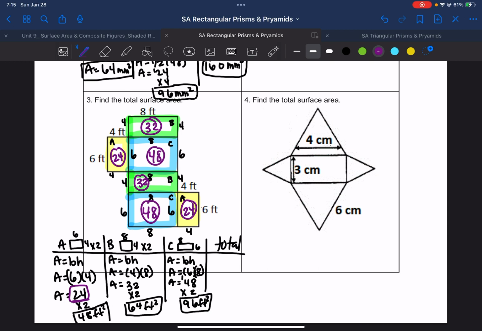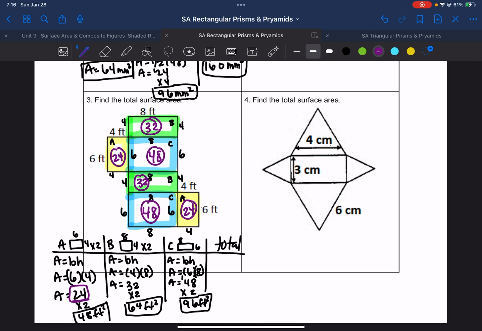Okay, what I did was I skipped the step of writing all of them out and trying to add them all. I just know that I have 2 of rectangle A's, so I'm going to multiply by 2. And if we look at it, it's 24 plus 24, that is 48. Okay, this one, 32 plus 32, that is 64. Okay, and yes, that is 96. Okay, 48 plus 48 would be 96. So I just went ahead and did all that in the T-chart.